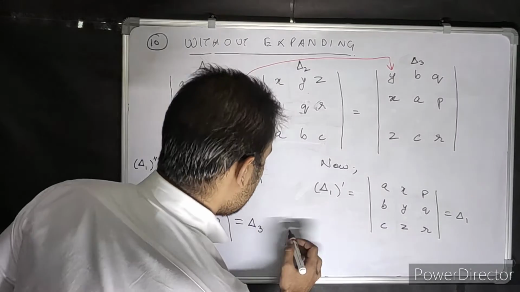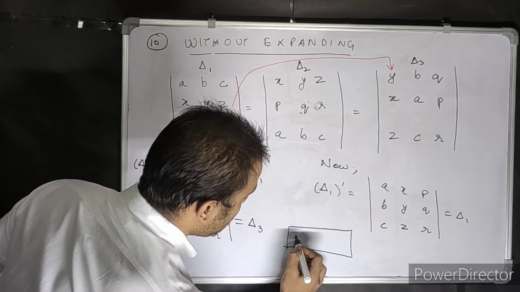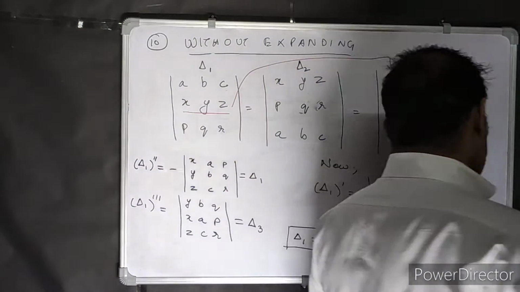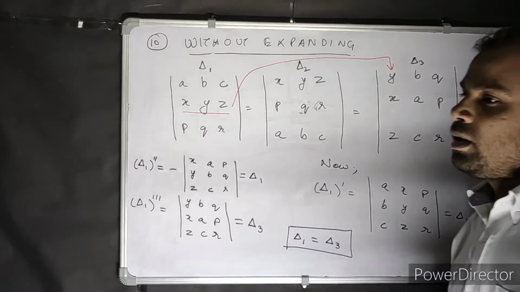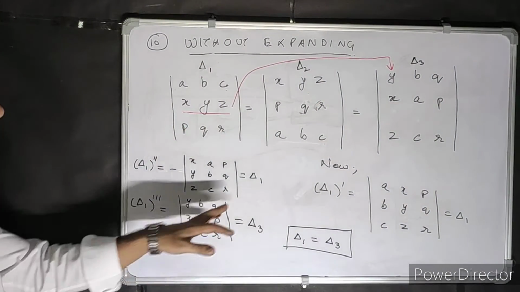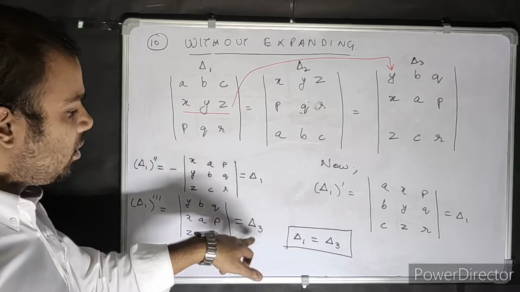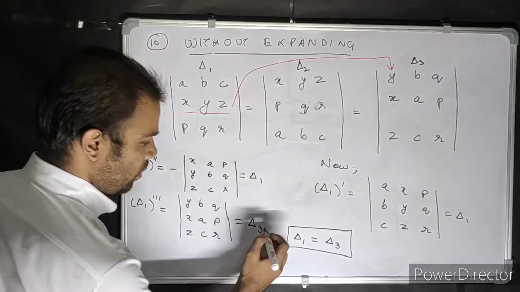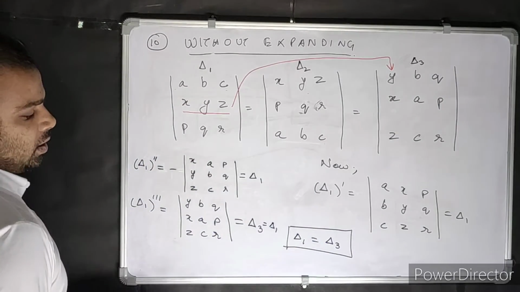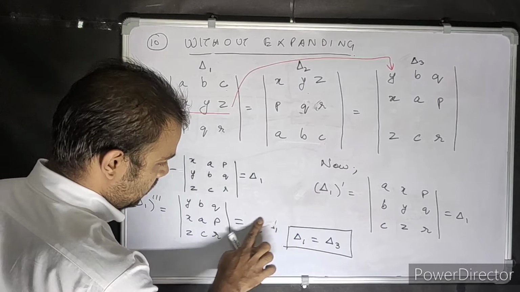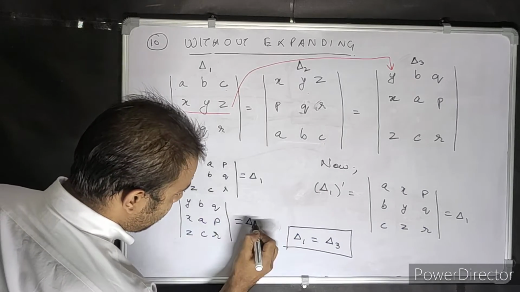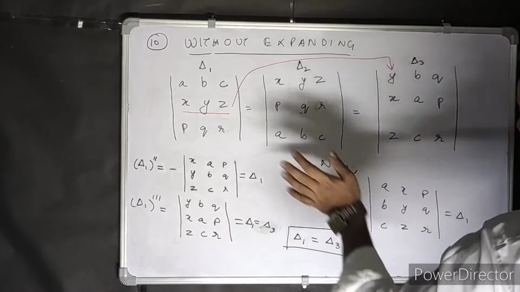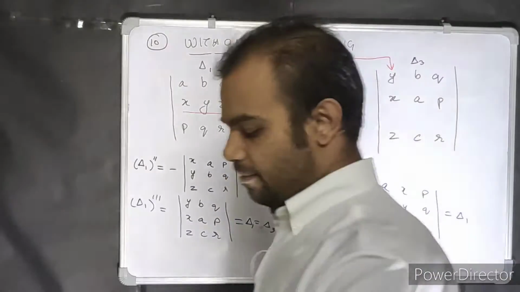So now what have we proved? We have proved that this determinant 1 equals determinant number 3. Because this is equal to determinant 1 and determinant 1 is equal to this, the whole thing is equal to determinant 1. You can write delta 1 over here also. First delta 1 is equal to delta 3, because delta 3 is that. They are both coming the same. So delta 1 equals delta 3 I have proved.